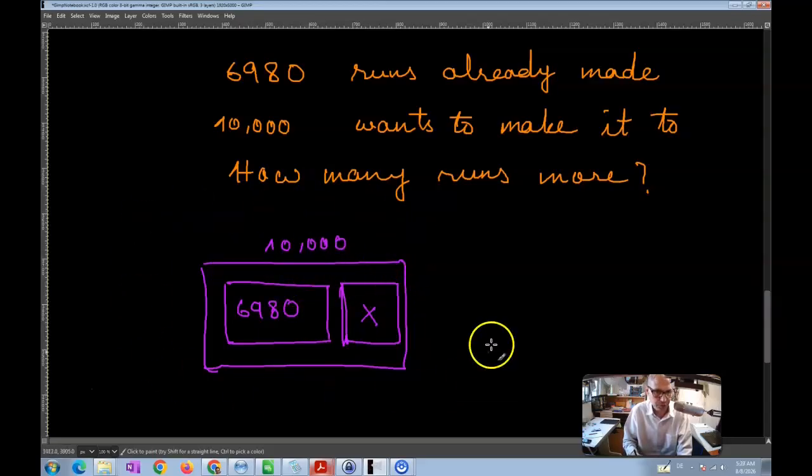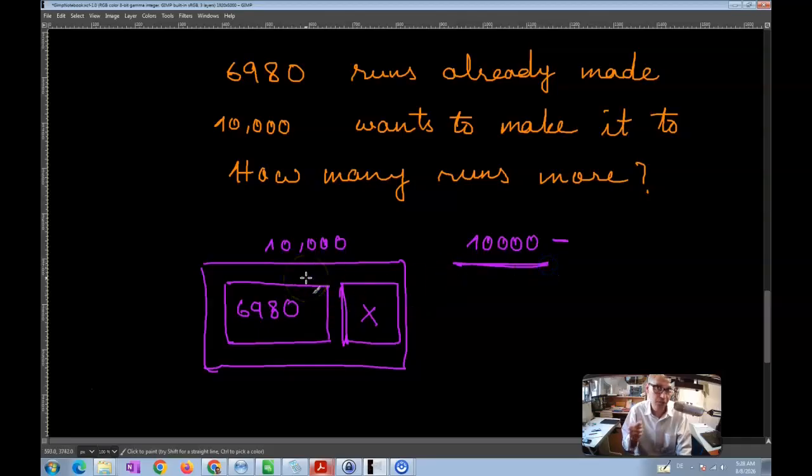So when you have this kind of situation, this is the situation of a subtraction. And in a subtraction, you will write down the whole number of runs that you want to make it to, meaning 10,000. This is the whole number of runs.